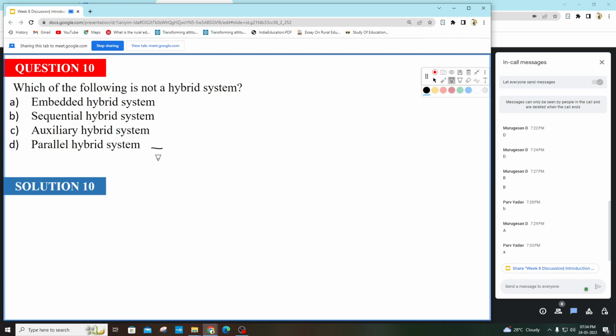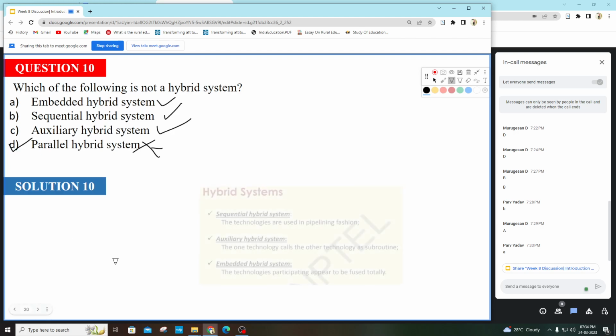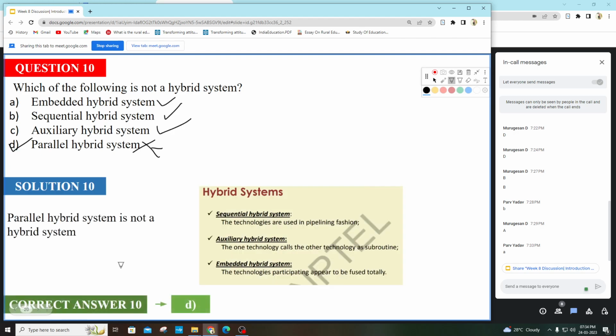This is a hybrid system, this is a hybrid system, this is a hybrid system, this is not a hybrid system, and the question asks which is not a hybrid system. So option D is your correct answer. Is this clear? It is a direct question.